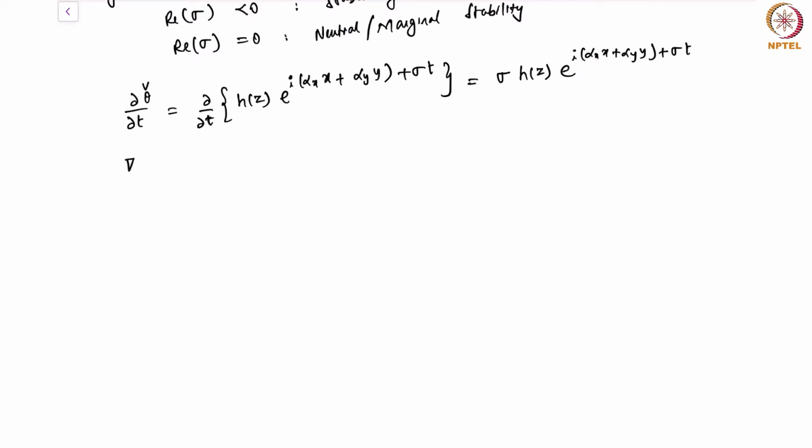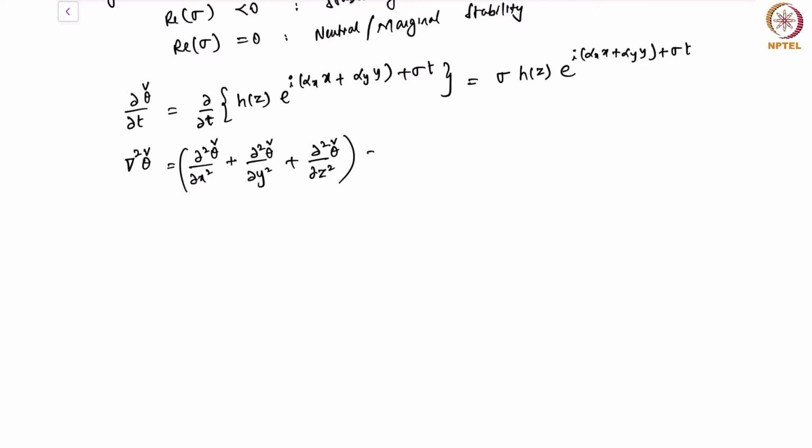Similarly, we have another term which is del square of theta hat. Del square of theta hat essentially becomes del square by del x square of theta hat, plus del square by del y square of theta hat, plus del square by del z square of theta hat.